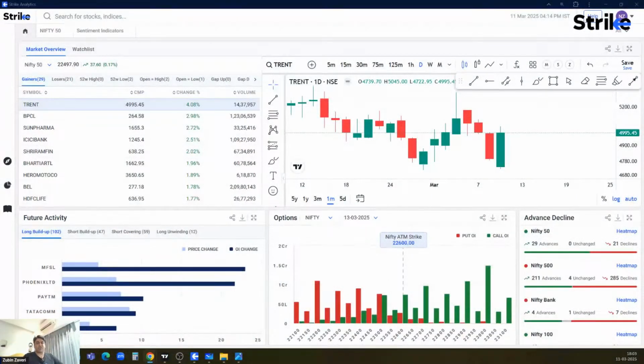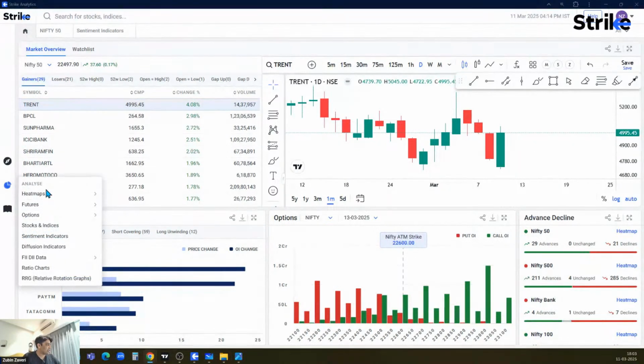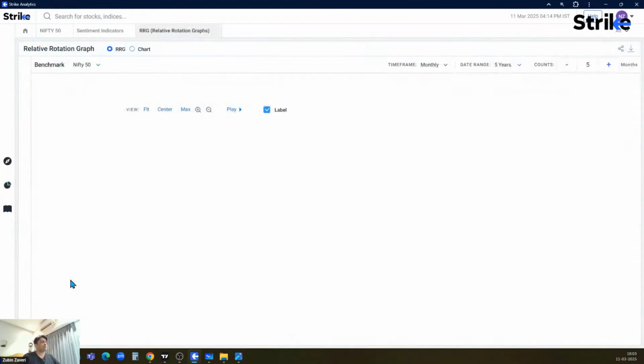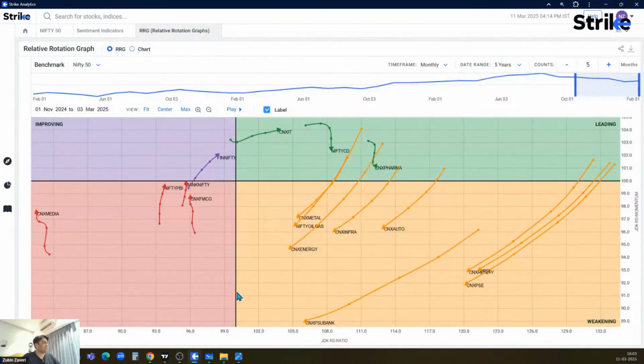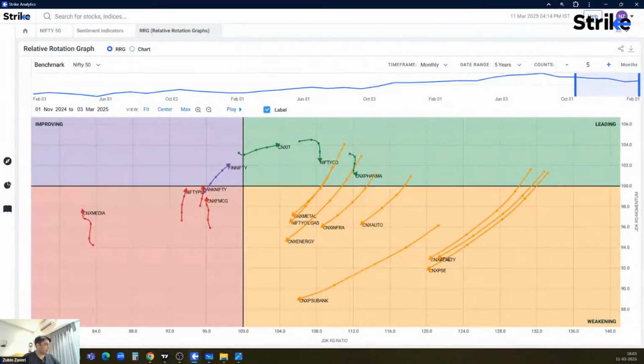And without any delay, let me share this particular screen with you. This is the web portal of our Strike platform, web.strike.money. In the analyze section, the last option that is given is RRG, relative rotation graph. Once you click it, you will get something like this.